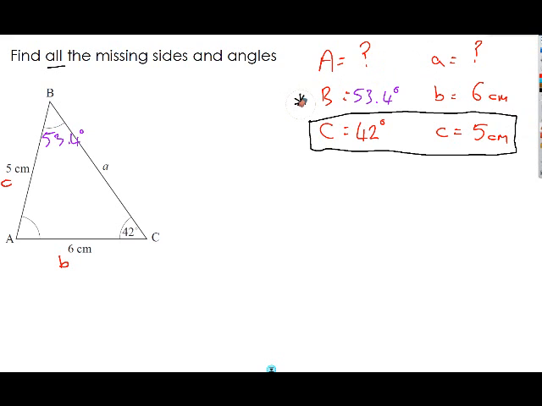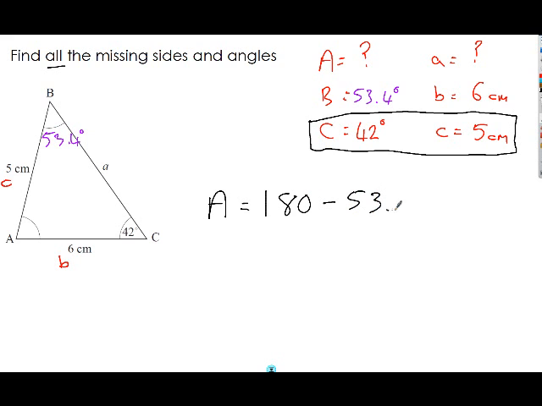So we're done with the B's. We found angle B. Now let's look at the A's. Now here we've got a problem because I said we needed to know at least the length or the angle in order to use the sine rule to find the other one. But actually, if we have both angles of the triangle, here and here, we can find the third one very easily. Angle A is just 180 degrees.